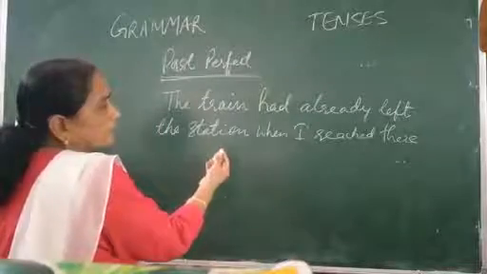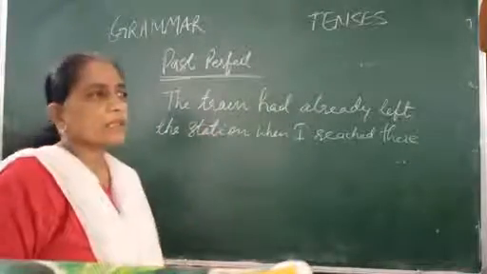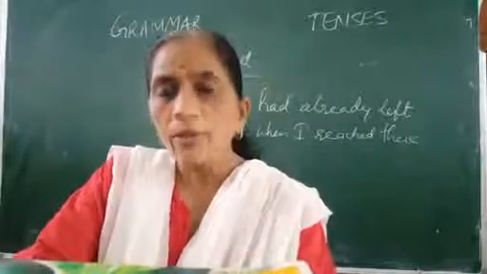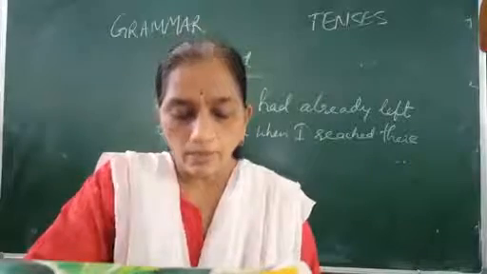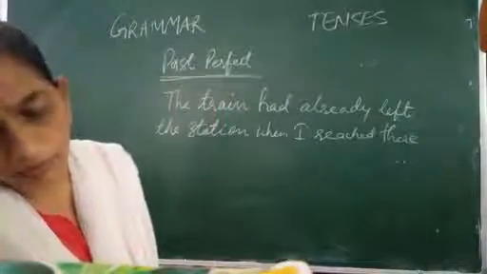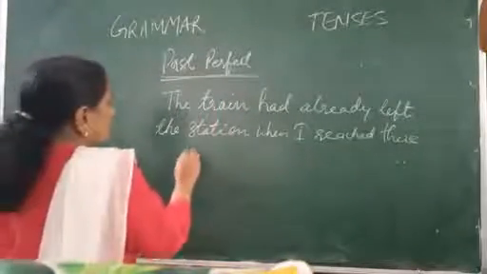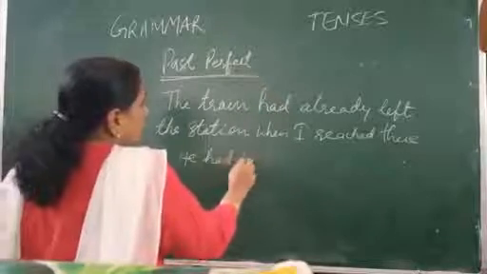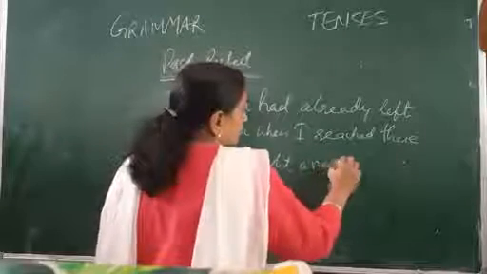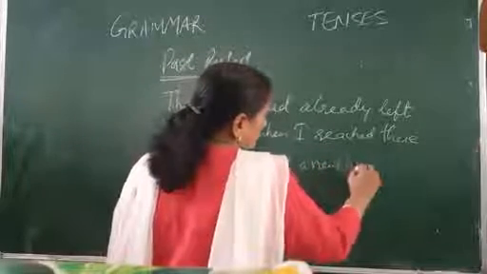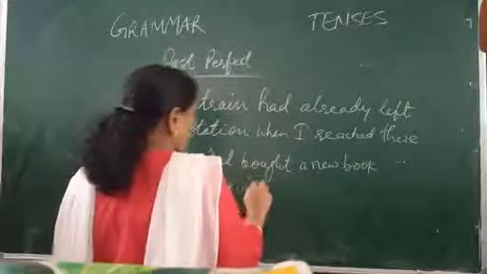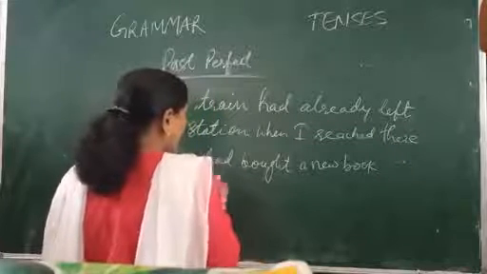But remember one thing, this had plus verb third form, the train had left. We do not use had plus the third form of the verb with simple past. Okay? In simple past we do not use like he had bought a new book last evening or yesterday evening.